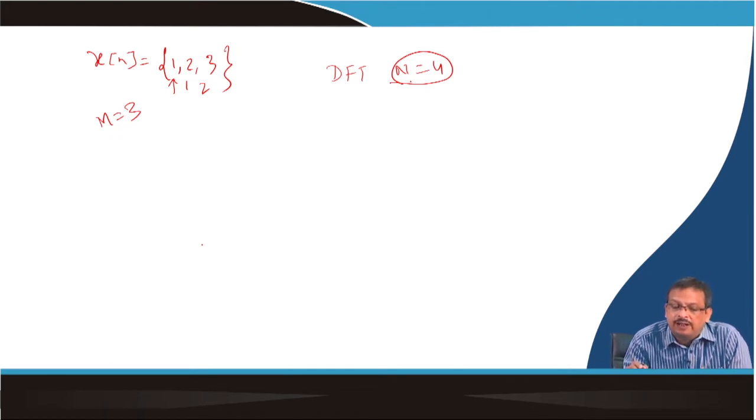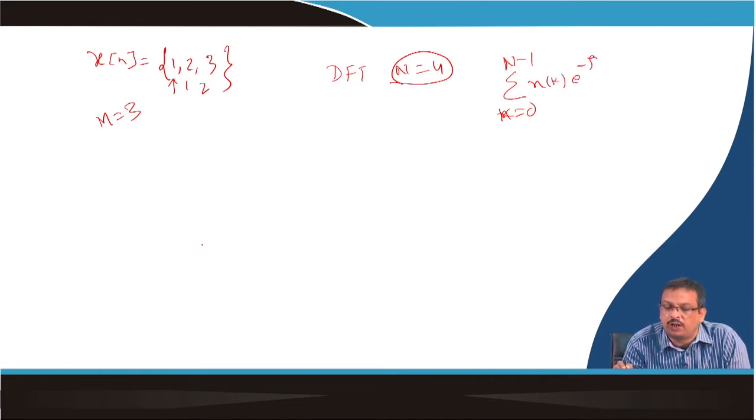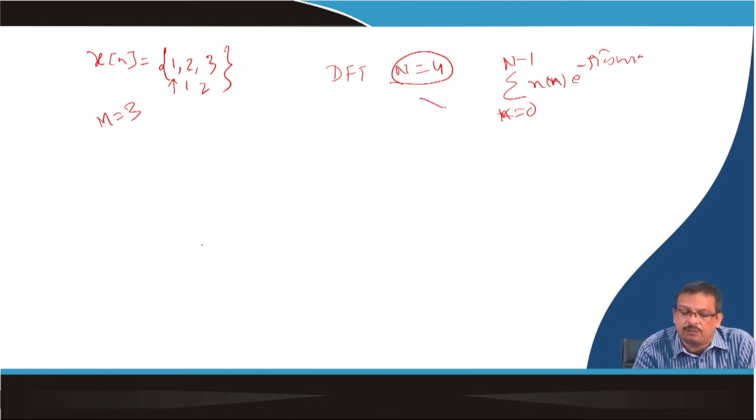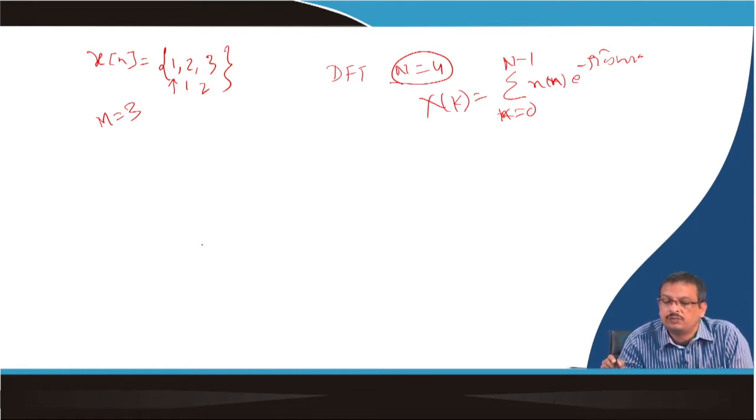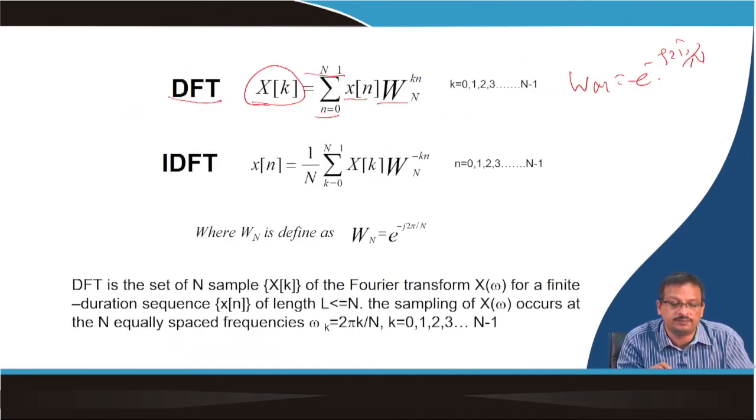So when I say the sum over n equal to 0 to N minus 1 of x of n e to the power minus j 2 pi by N kn, divided by N, that summation sign, this part.